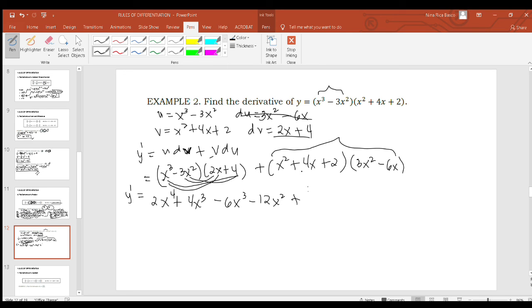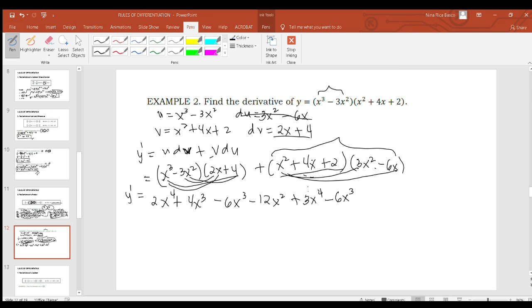Here, if you notice, they are not both binomials. The other one is a trinomial. So our process is still the same, but we have an additional term. Let's start with the first term. X squared times 3x squared, 3x to the fourth. And then x squared times negative 6x is minus 6x cubed.